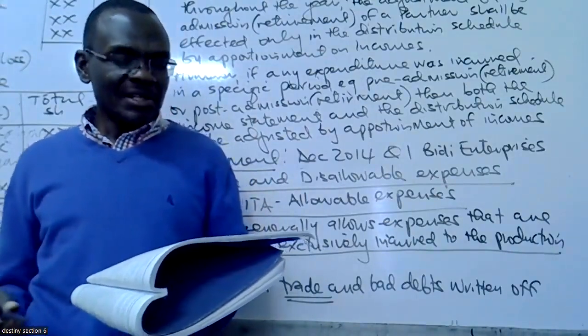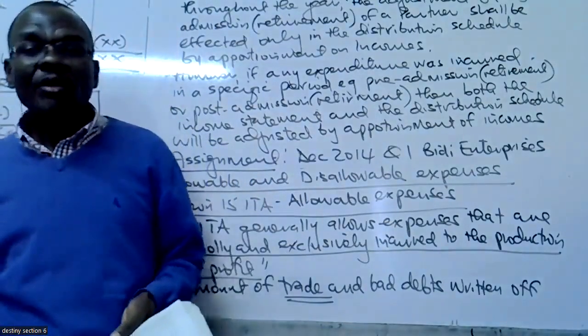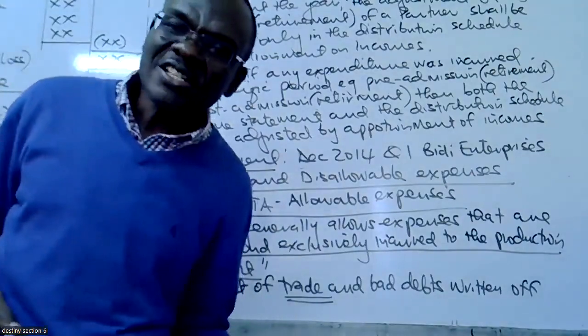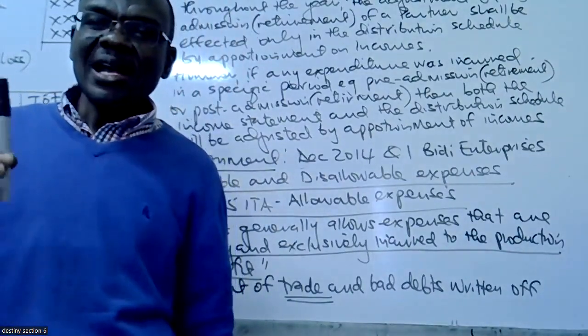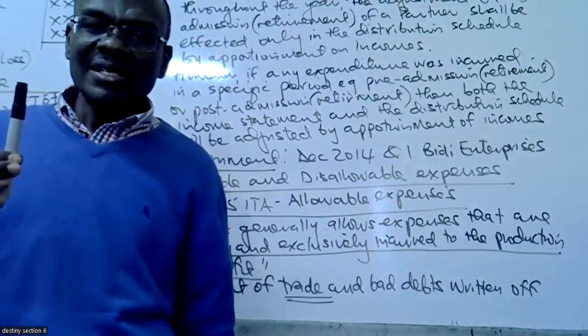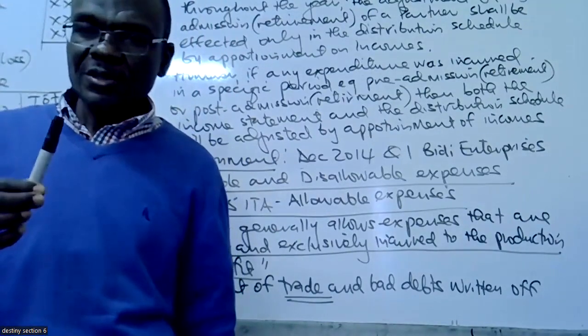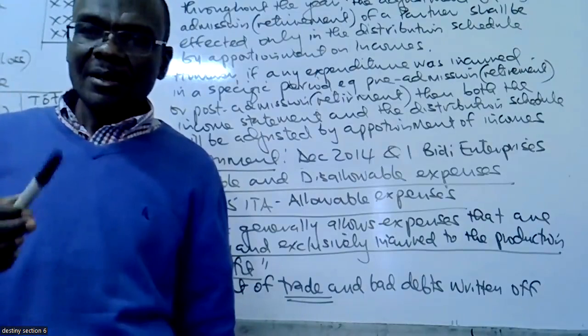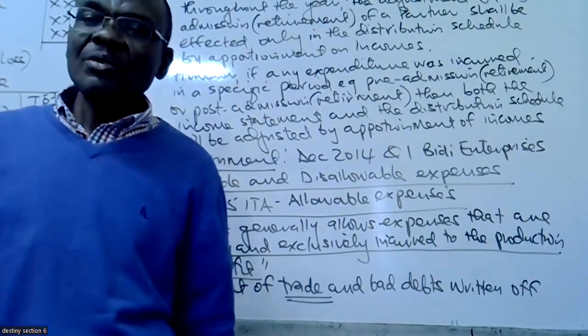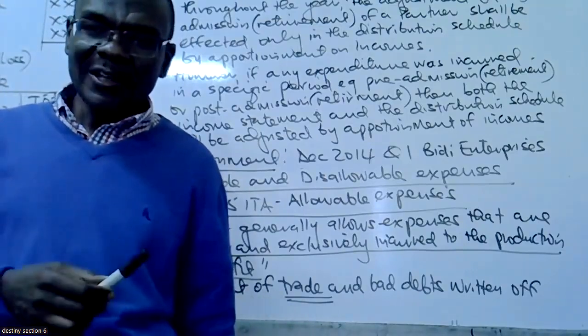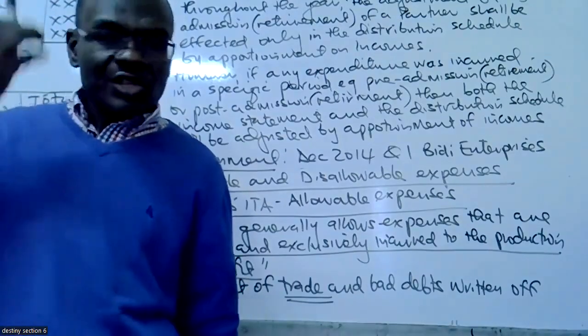Then number 8, we have a cost called mortgage interest. So what is mortgage? A mortgage is a loan that is taken by individuals from a bank or a financial institution to acquire property which is owner-occupied, but there is a restriction.